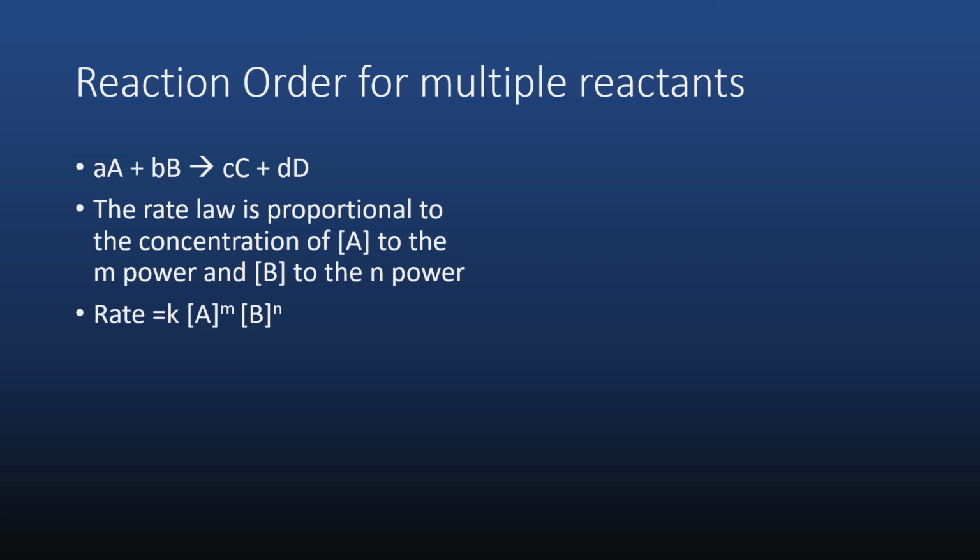So for instance, if the order in reference to substance A was zero order and B was second order, then the reaction would be a second order reaction. If A had been first order, then the overall reaction would be a 3.